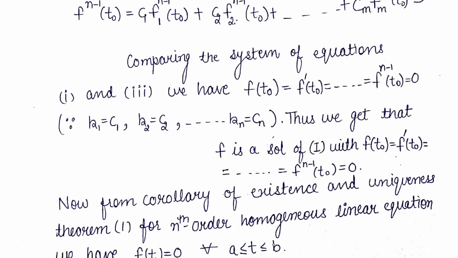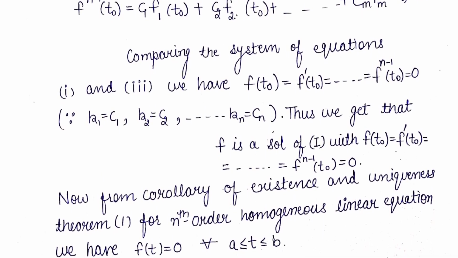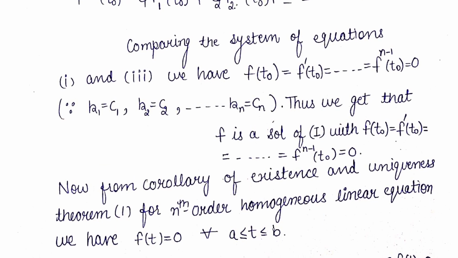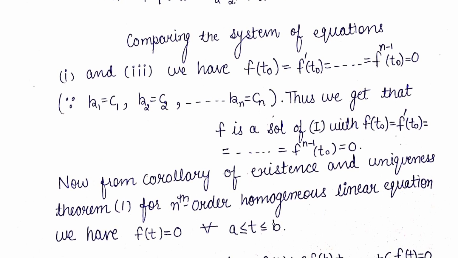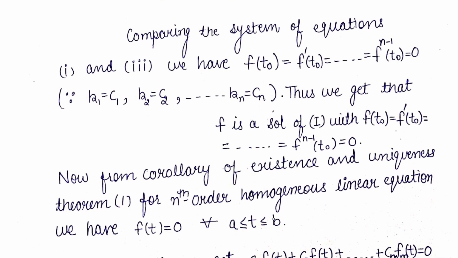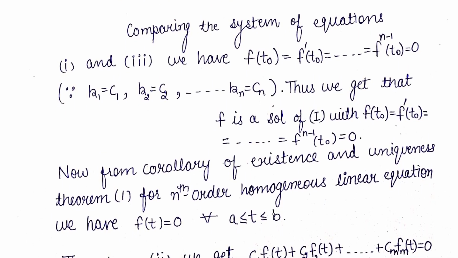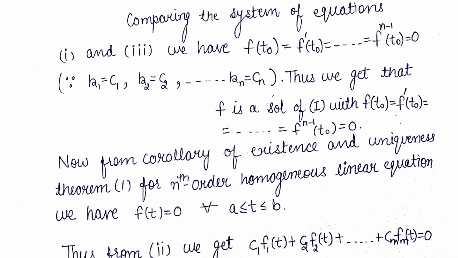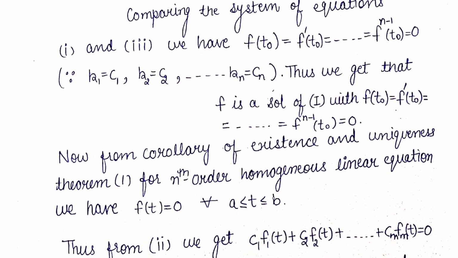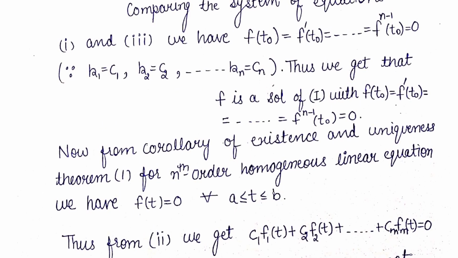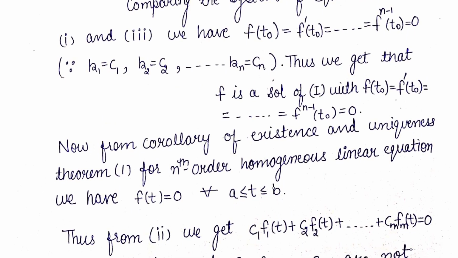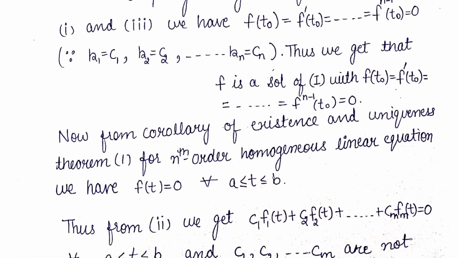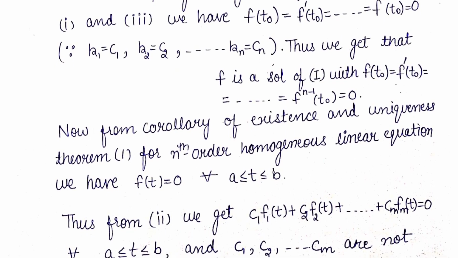Now from corollary of existence and uniqueness theorem for nth order linear equation, we have, if there is a solution f t and that f t satisfies that f t naught is equal to f dash t naught is equal to f n minus 1 derivative at t naught, they all are 0, then that f t is equal to 0. So using that corollary, this f t, which we have proved is a solution and satisfies the required initial condition as in corollary 1, we get f t is equal to 0 for all t in the given interval ab.